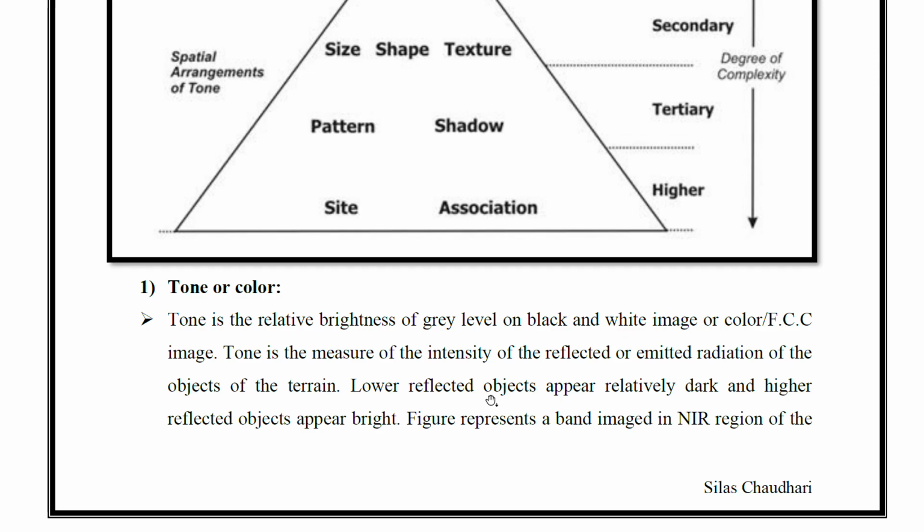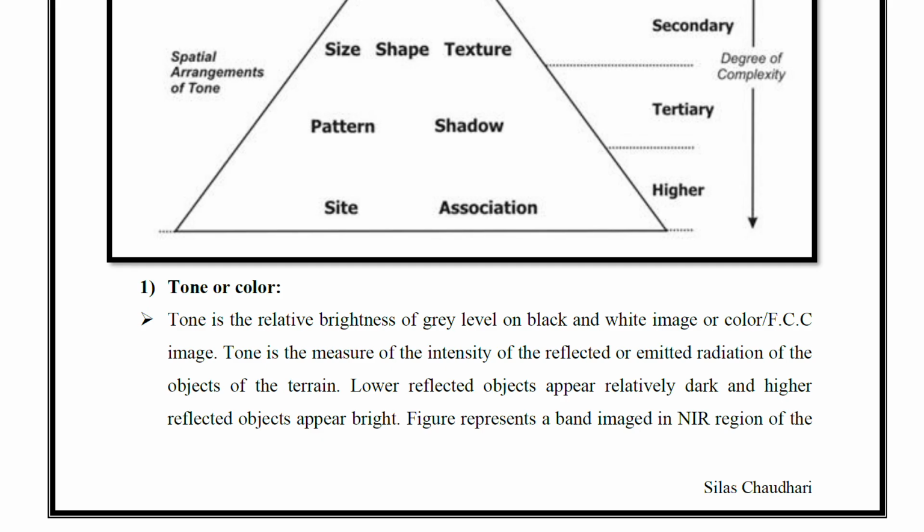Tone is the relative brightness of a gray level on a black and white image, or color on colored images. Tone is the measure of intensity of the reflected or emitted radiation of the objects of the terrain. Lower reflected objects appear relatively dark and higher reflected objects appear bright.